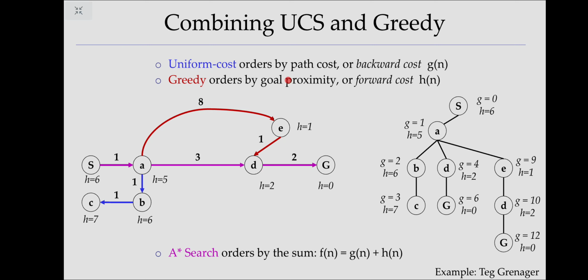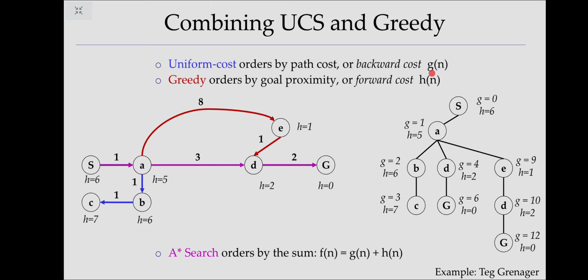We refer to the first one as the backward cost. Backward cost means the cost of a source or starting state to any middle state.